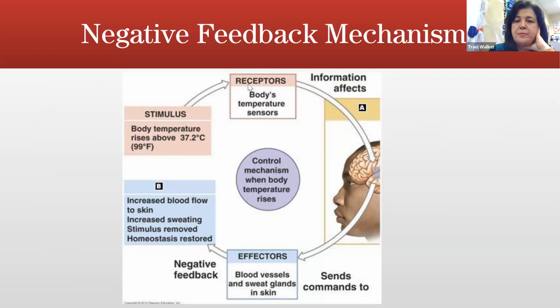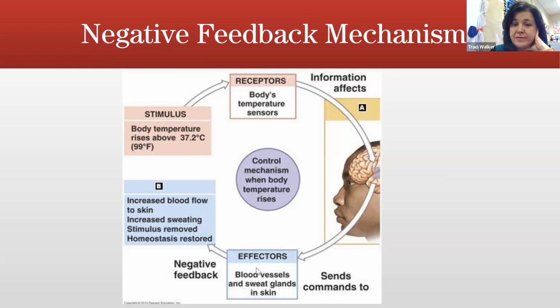So these receptors pick up on that and they say, oh, it's getting hot. So they send a message to the brain, which is your control center. Your brain says, okay, let's see what we can do about that. And your brain sends a message out to your effectors. So for body temperature, your effectors are your blood vessels and your sweat glands.